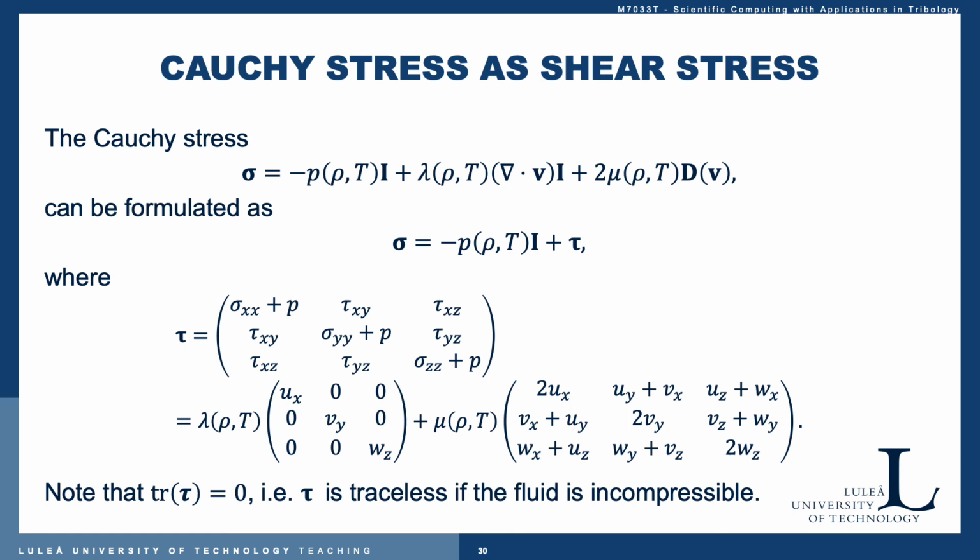We have also added the pressure. And if we want to expand this into the material parameters, the two viscosities, it will be looking like this. And we note that the trace of the shear stress would be 0 if the fluid is incompressible. Remember, because if it's incompressible, we have the mechanical pressure defined as the negative 1/3 of the normal or mean value of the normal stresses.